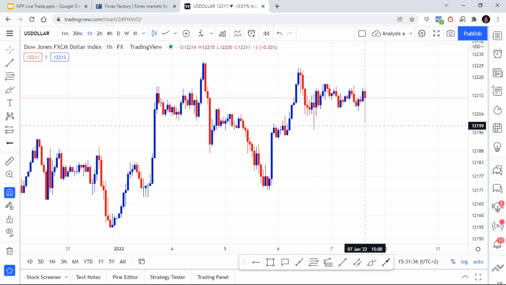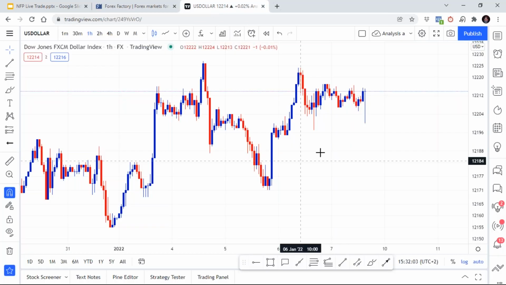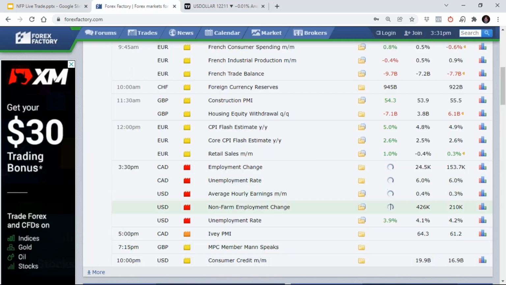Now we've got to kind of think, the unemployment rate's down. Again, I don't think that's the big news. We want to just see this average hourly earnings, and we know this came in at 199. All right, so now money is going back into the dollar.